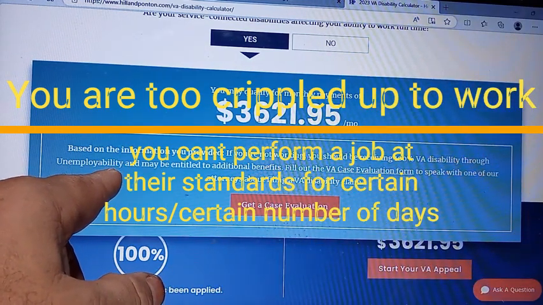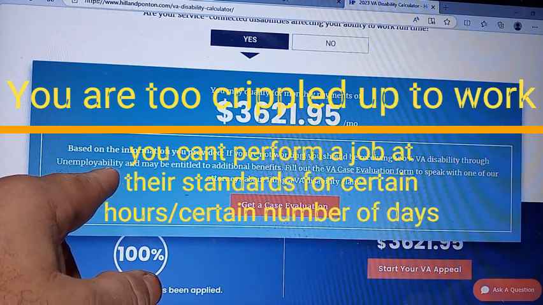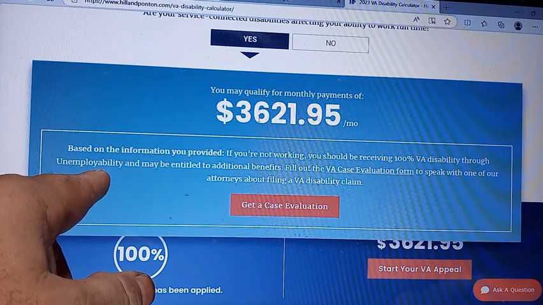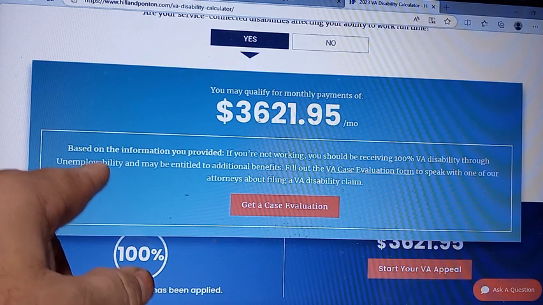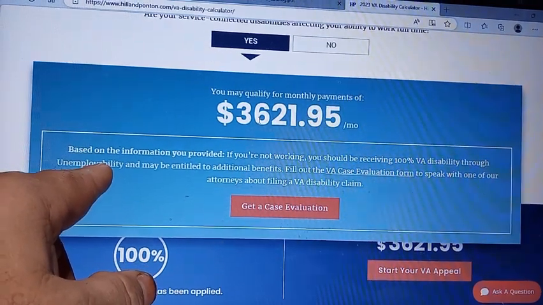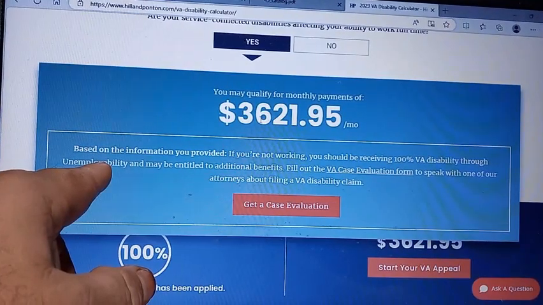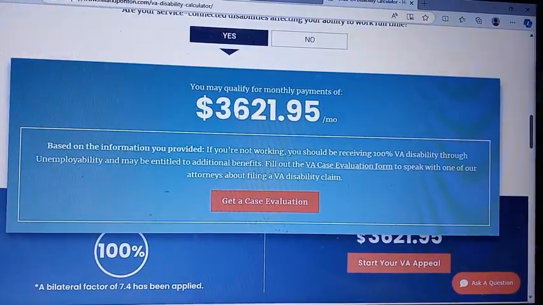But the VA doctors will not put into your records that you are unable to work.